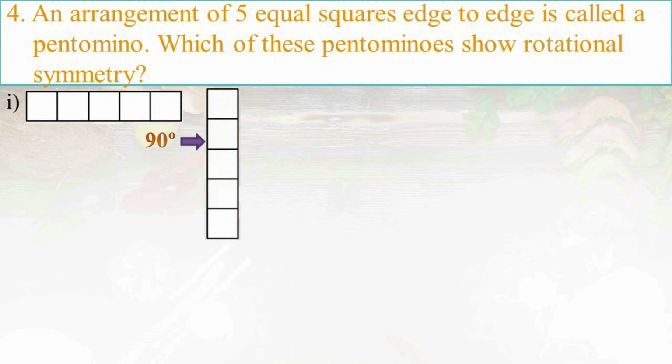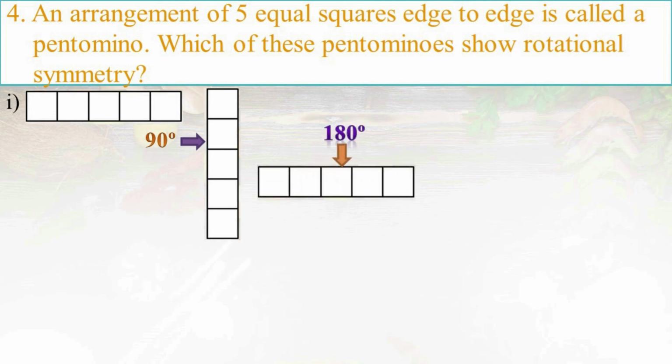This shape is not its original shape. Therefore, let us rotate it to 180 degree. We get the original shape of the given pentomino. Okay, we got the same shape when it is rotated to 180 degree.